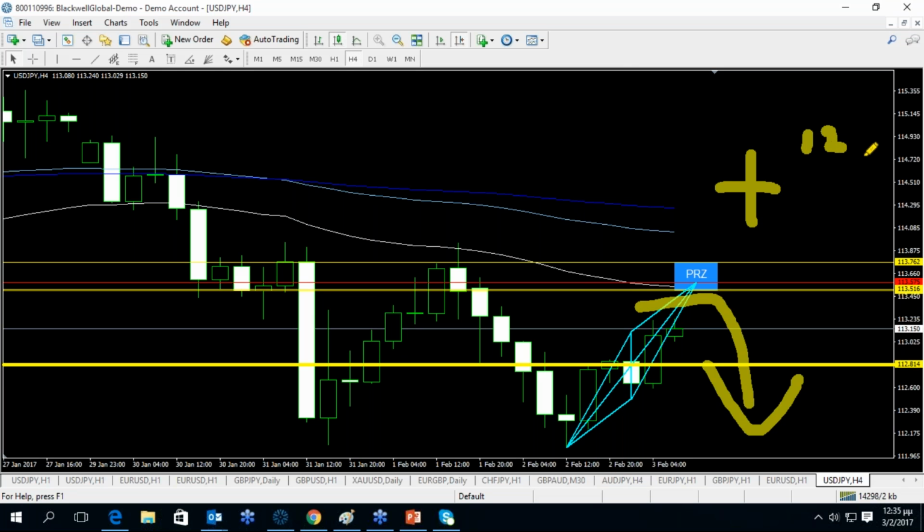We're at 12 o'clock, 3 o'clock, 6 o'clock. In our analysis earlier on, when we zoomed out, we saw that overall the trend for USD JPY is at a 4 o'clock type angle. So it's weak, but it's not too weak. So that's what's reflected here as well.